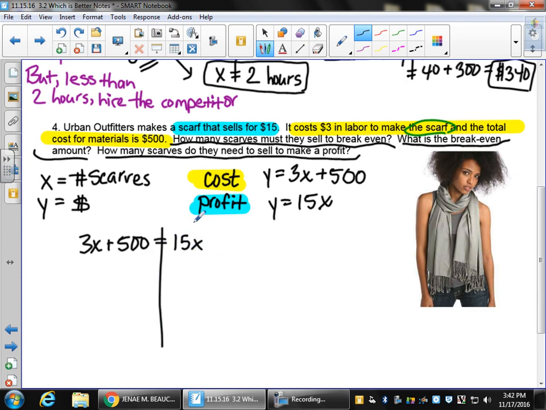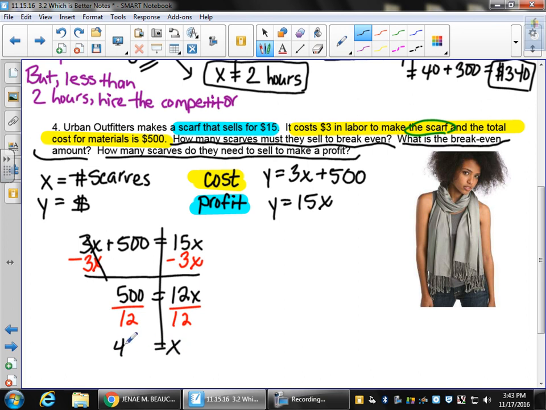X is already almost by itself on the right side, so I choose to subtract 3x from both sides. And then we'll divide by 12. Divide by 12. Let's see. I got a decimal.